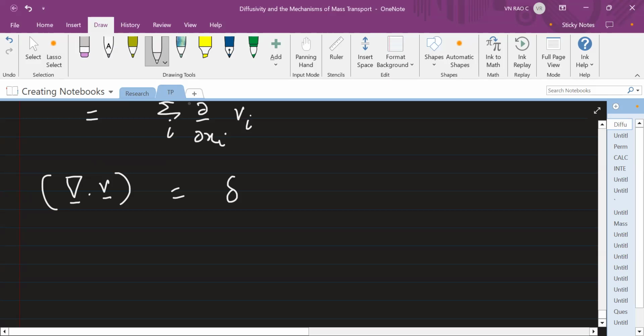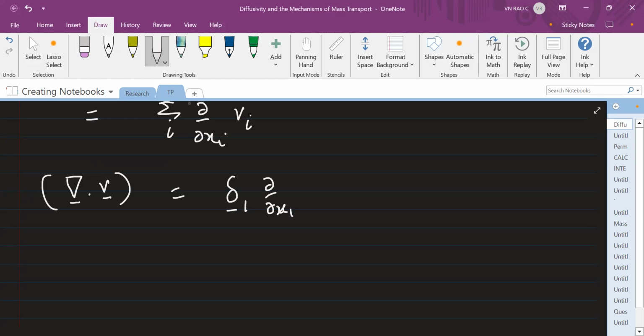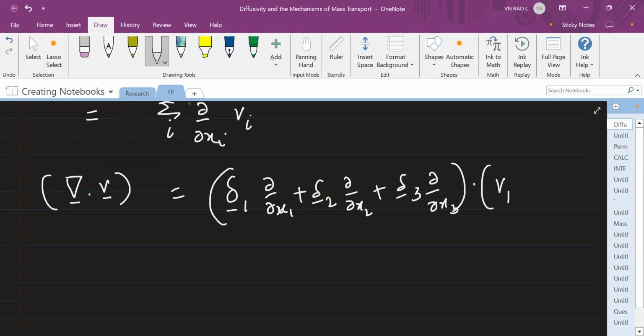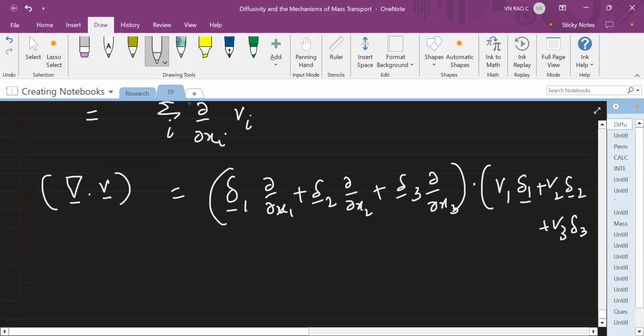Delta 1 dou by dou x1 plus delta 2 dou by dou x2 plus delta 3 dou by dou x3, dot, let us take b1 delta 1 plus b2 delta 2 plus b3 delta 3.